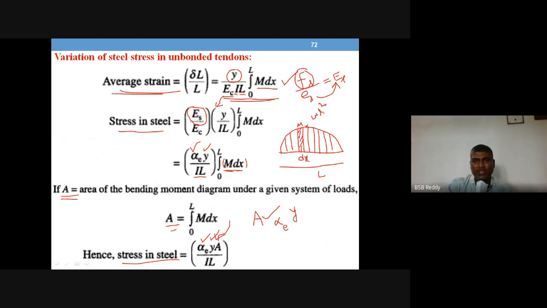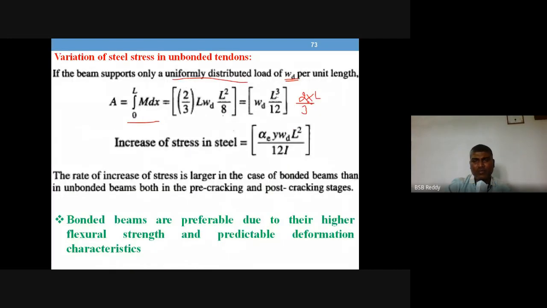What is the maximum bending moment? WL square by 8. So L into wL square by 8, 2/3 base into height. That is what is written here. So what are you getting? WL cube by 12 finally.